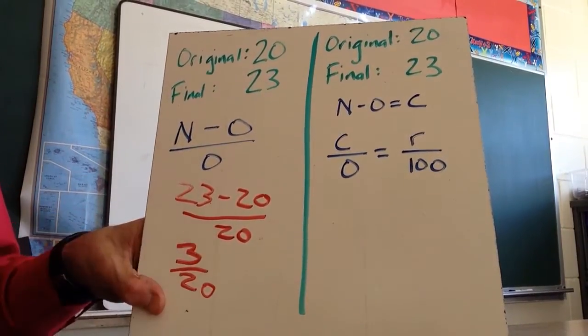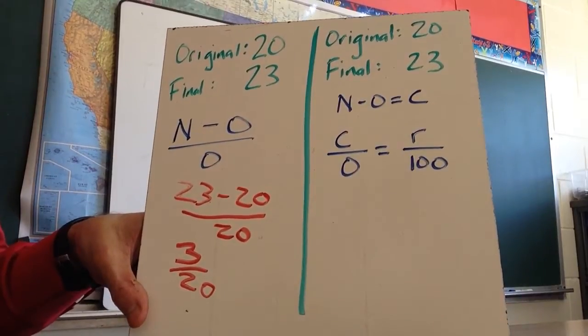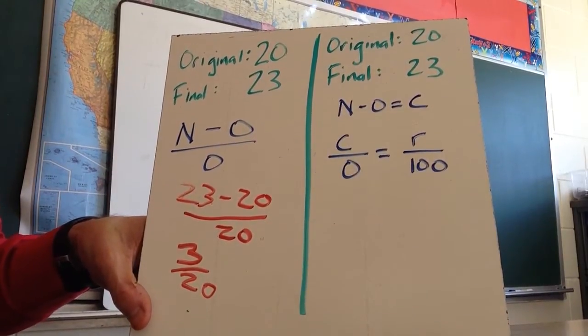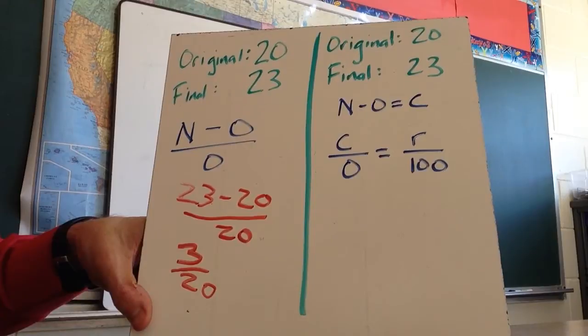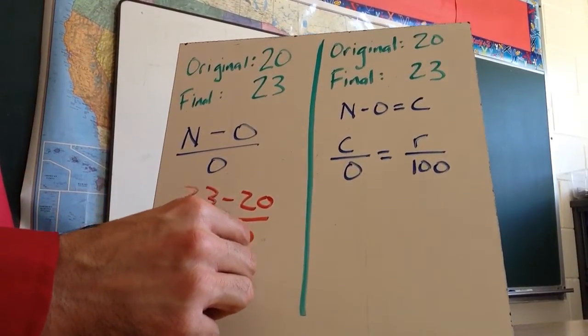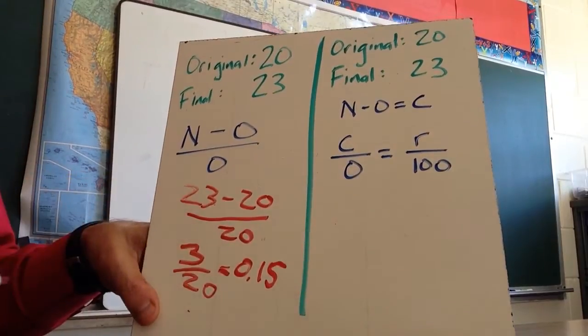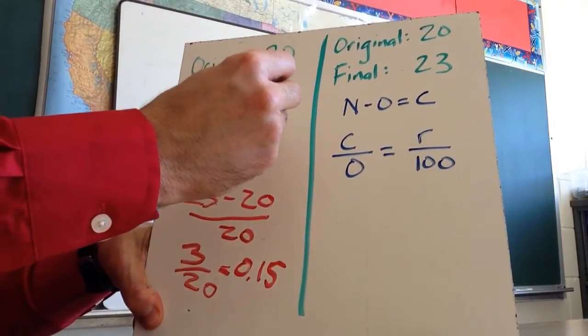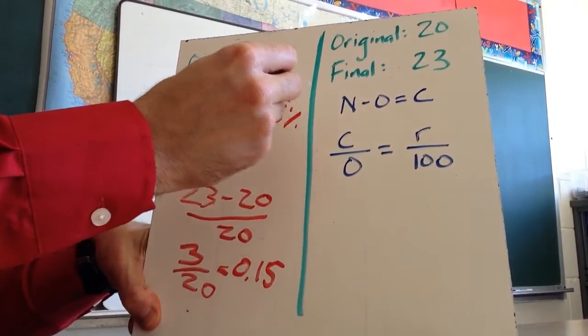When you divide 3 over 20, you should get a decimal, which we can then change to a percentage. My decimal is going to be 0.15, which means I'm going to change this to 15%.